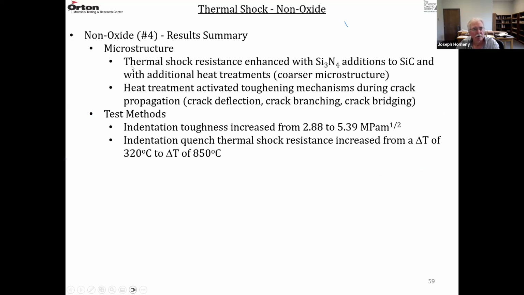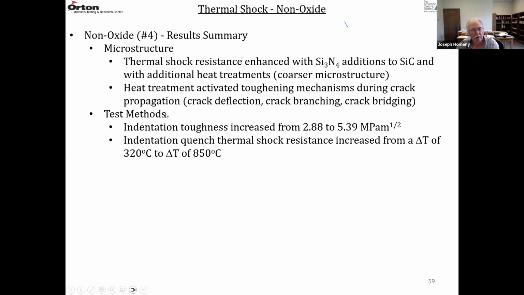So summarizing this, the thermal shock resistance was enhanced with silicon nitride additions to the silicon carbide and with the additional heat treatments, making a coarser microstructure. The heat treatment activated toughening mechanisms, crack deflection, crack branching, crack bridging.